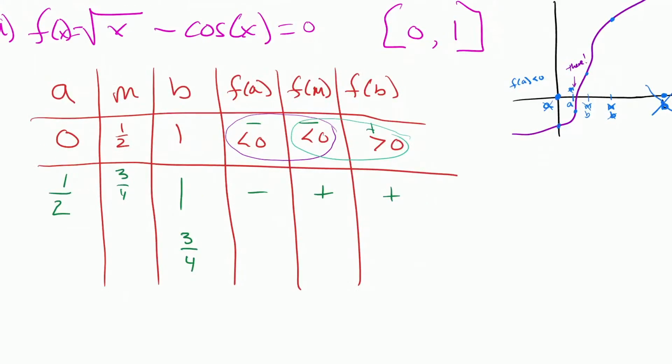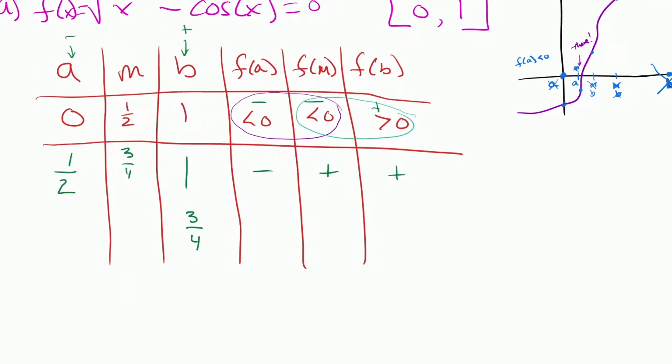So maybe one way we could do this is this one's always positive, this one's always negative, for this problem only. And then this one is 1/2. So split the difference between those two. Things are getting a little bit funky. We're going to have to do 5/8, which is 0.625.